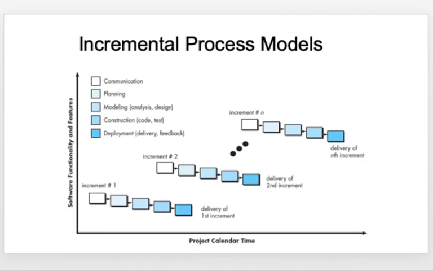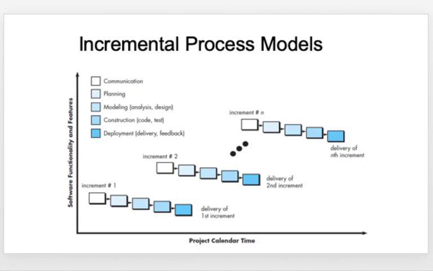So this is a diagrammatic representation of the incremental process model, where you see the project calendar time on the x-axis, the functionality and features of the software on the y-axis. Then you have delivery of the first increment, second increment, up to n, and so on. Irrespective of the process model, the GPF, the generic process framework, does not change.